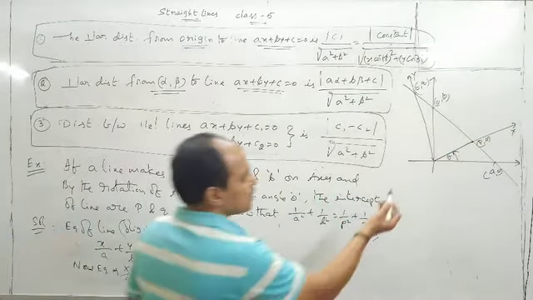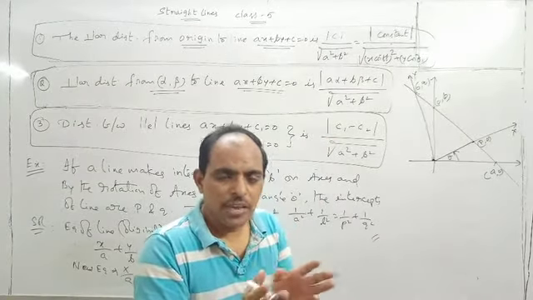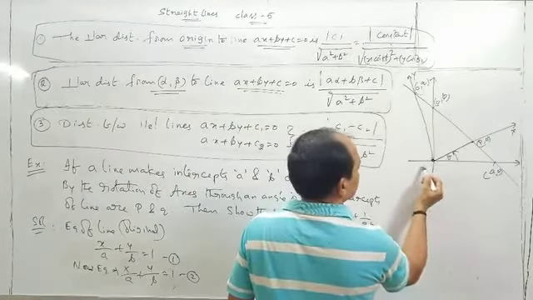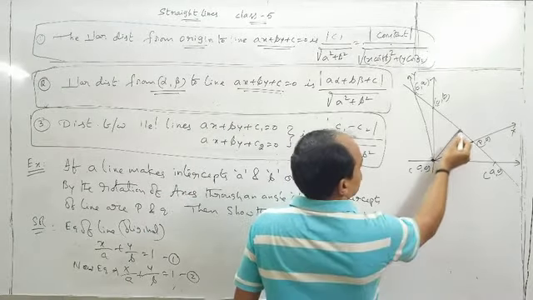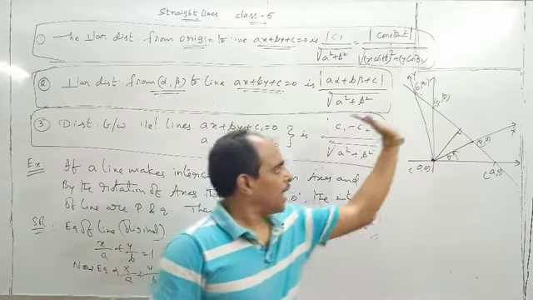Now, this is the origin. Keeping the origin fixed, the axes rotate, but the origin does not move. So the origin will be the same, and the line will be the same.